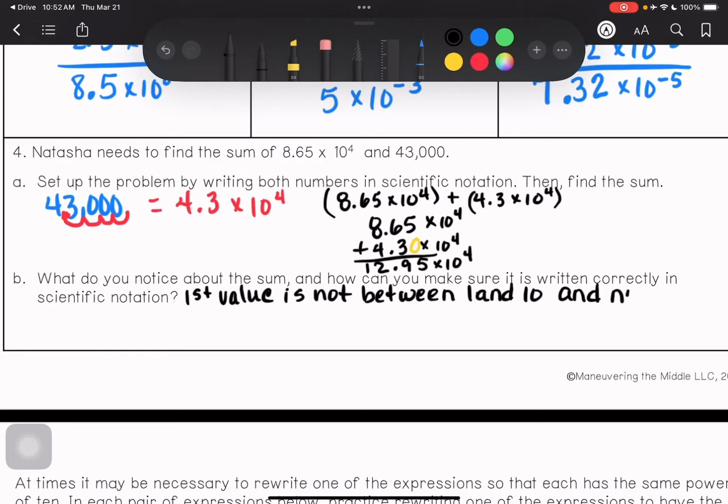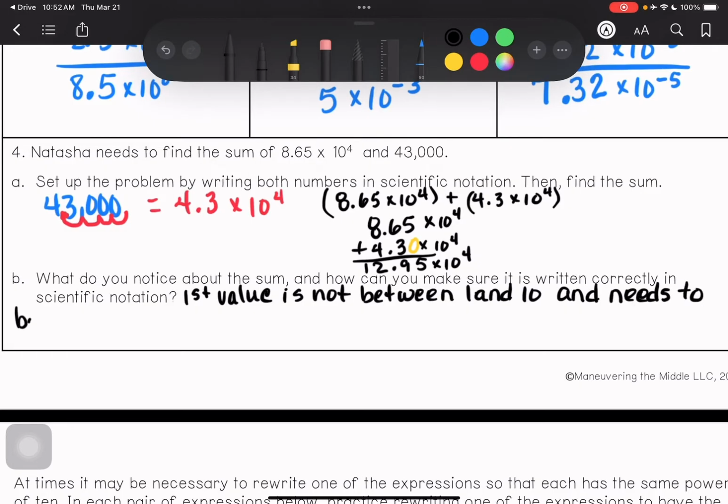It needs to be rewritten as scientific notation. So if I have 12 and 9500ths, if I want to put that in scientific notation, because the number is greater than 1, my exponent will be positive.